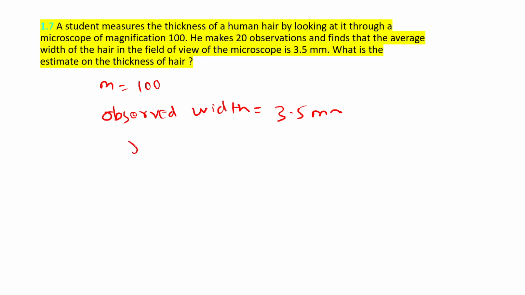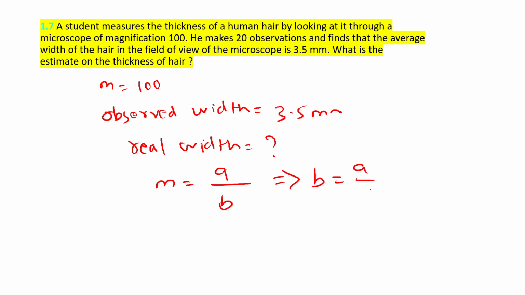Take the observed width as A and the actual width as B. We want to find the actual width, so B is equal to A by M, so you get 3.5 millimeter divided by 100.